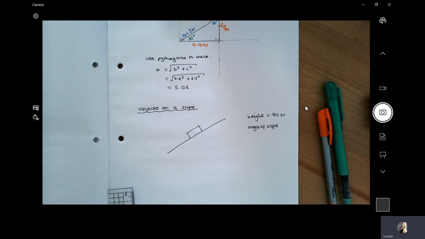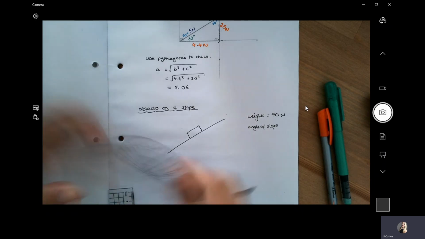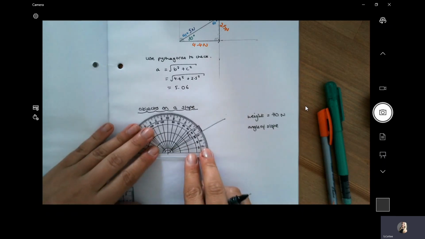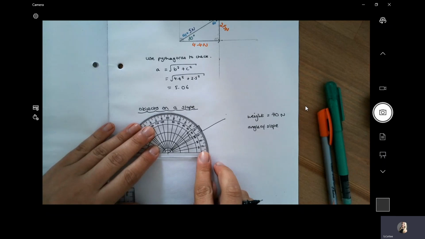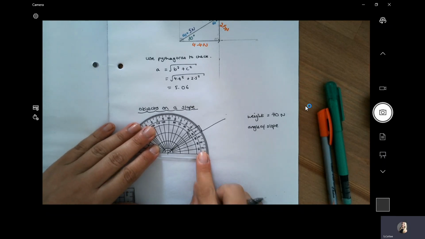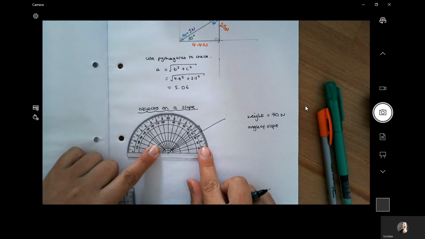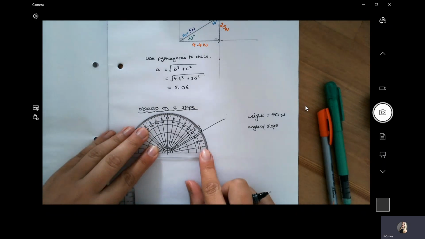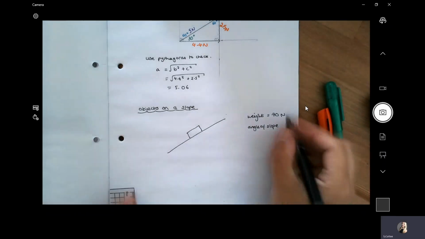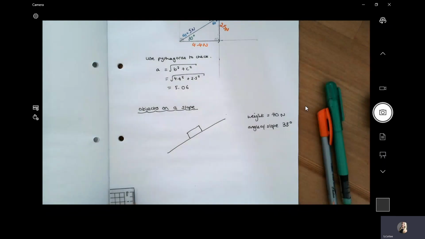So I'm going to say that the angle of this slope, and again, I'm just going to do this as best as I can with what I've already got, is going to be 33 degrees.